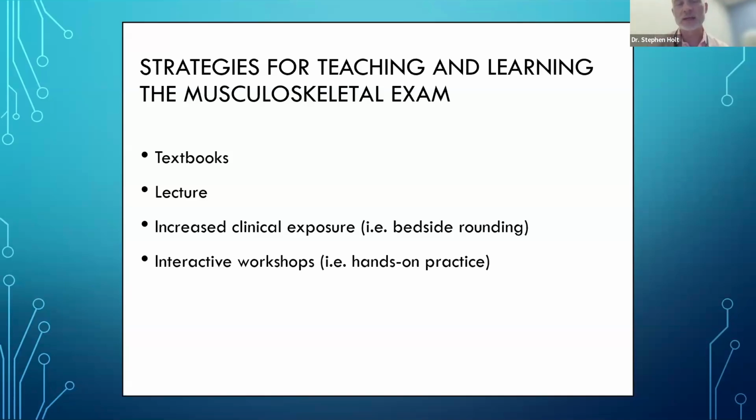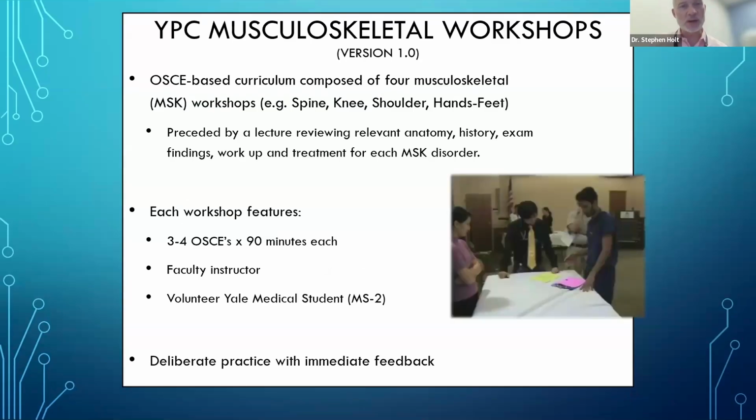That was the best way to really learn how to effectively cultivate a skill set for diagnosing various musculoskeletal complaints that we see in primary care all the time. So with that in mind, I rolled out Yale Primary Care's musculoskeletal workshops. This is version 1.0, and this was, I would say, 2009, 2010.